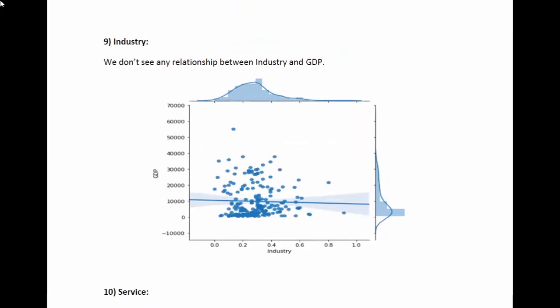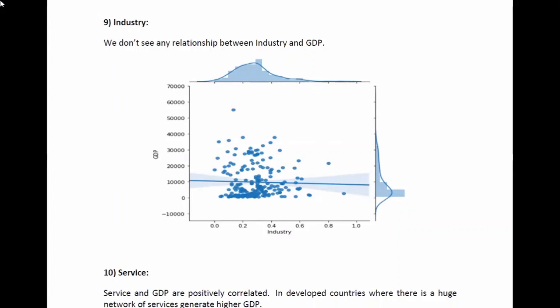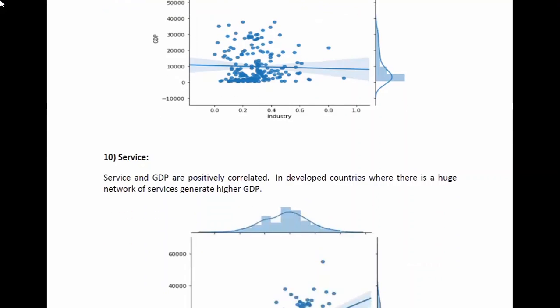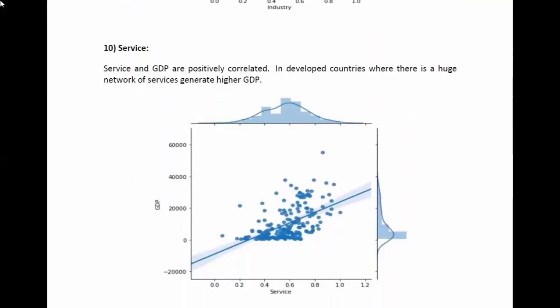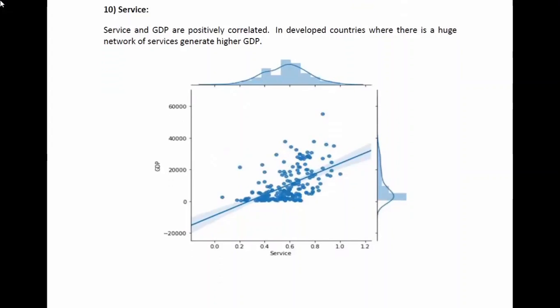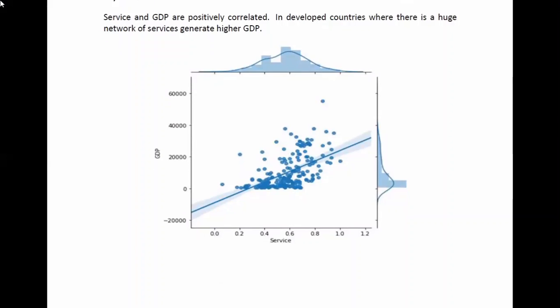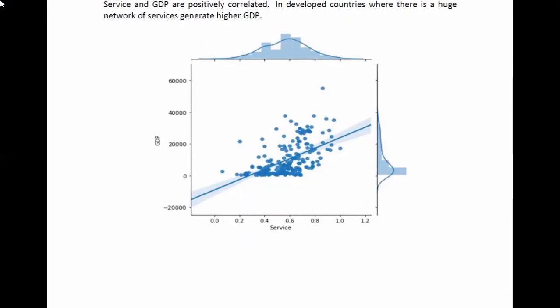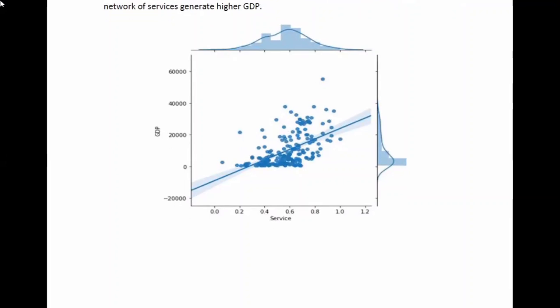So moving on to some last factors like industry, we don't see that there's any significant relationship. And yeah, definitely we should talk about service, because service is positively correlated to GDP. And services like trade and providing jobs, which countries government do, prove that they have a better GDP.